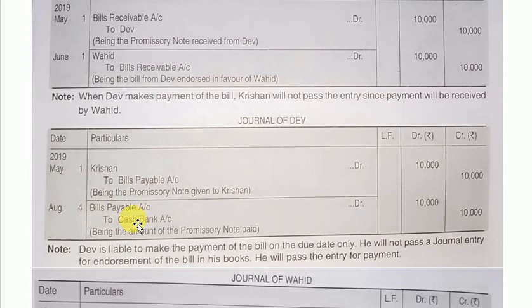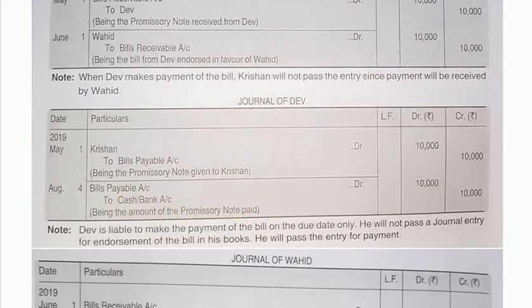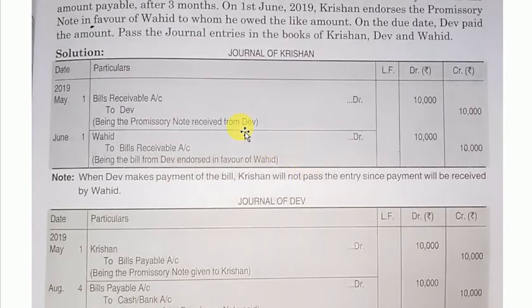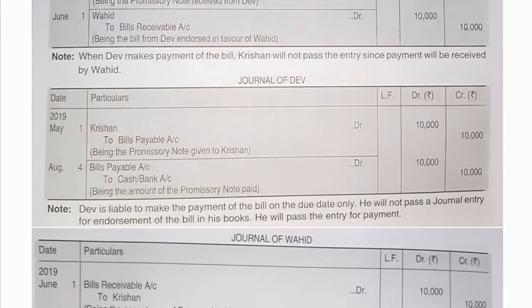Bills payable account debit to cash account 10,000, being the amount of bills payable paid. There will be no entry in the book of drawer Krishan for honor of bill because he is no more the owner of the bill. He has transferred the ownership to a third party. So on August 4, no entry in the book of drawer.